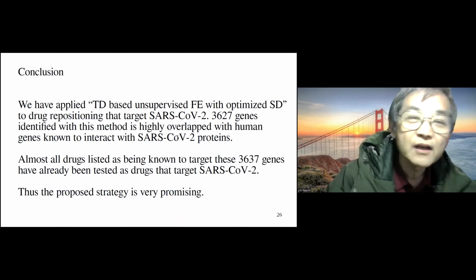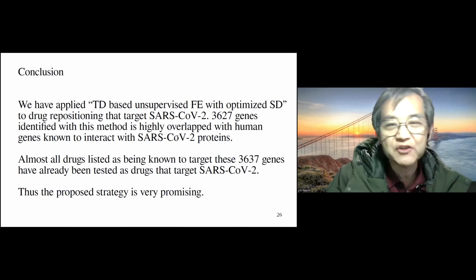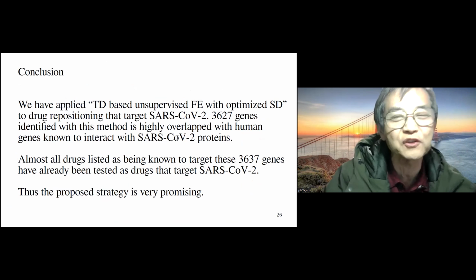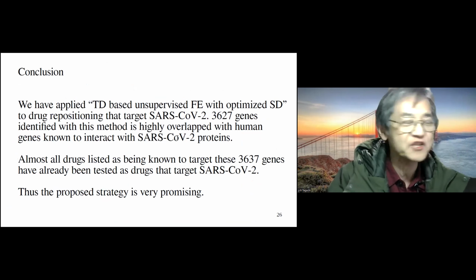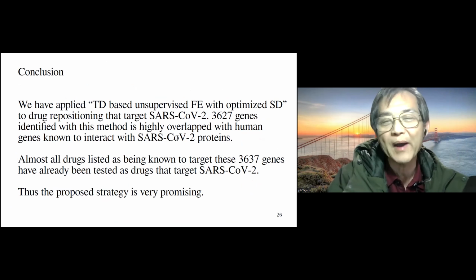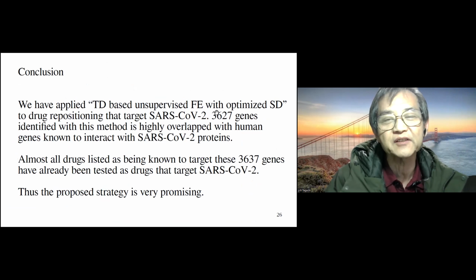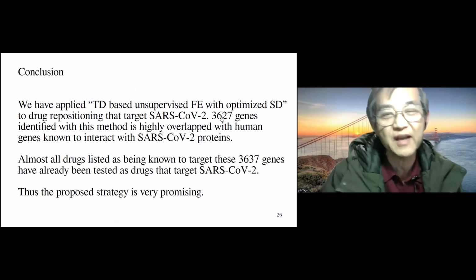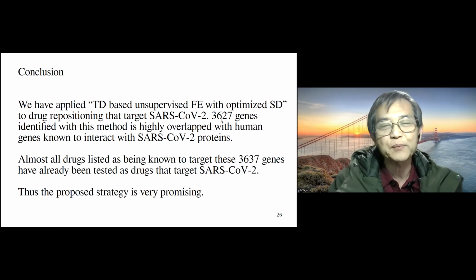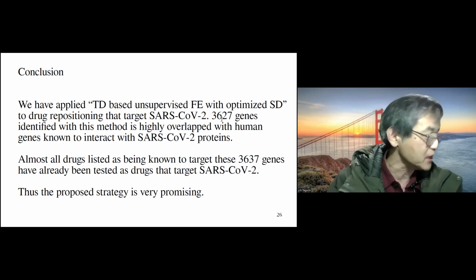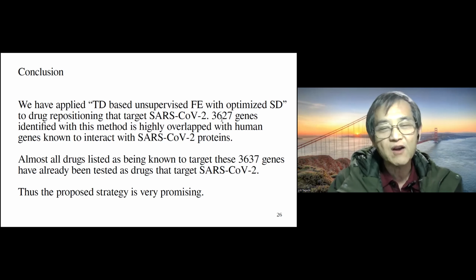The conclusion. We have applied tensor decomposition based unsupervised feature extraction with optimized standard deviation. Sorry for the lengthy name, but this is the name of the method we have used. This is a general method which can be applicable to any kind of gene expression profiles. And we have used this method for SARS-CoV-2 drug repositioning. We have selected 3,729 genes whose expression is distinct between the infectious cell line and non-infectious cell line.